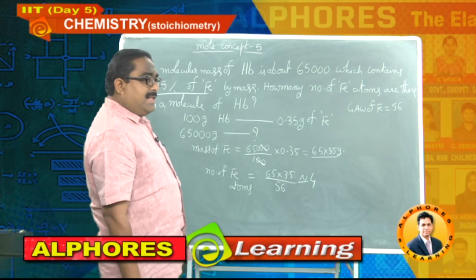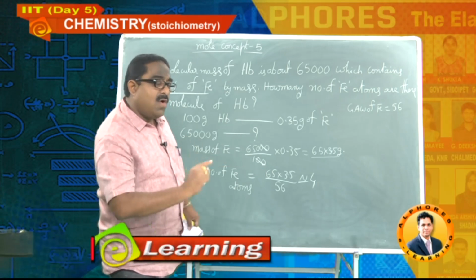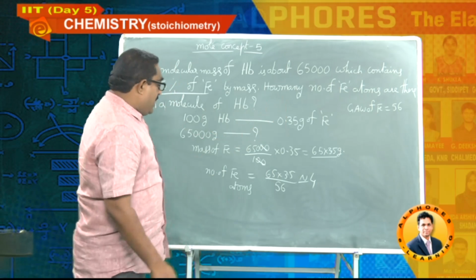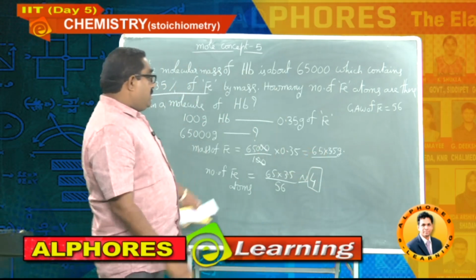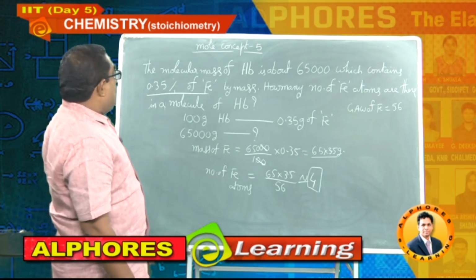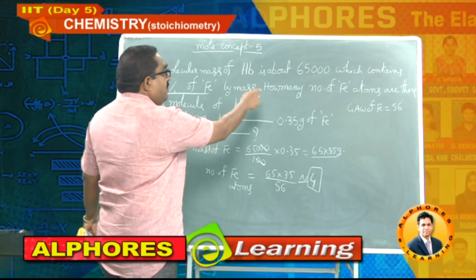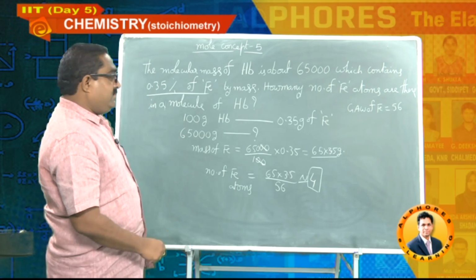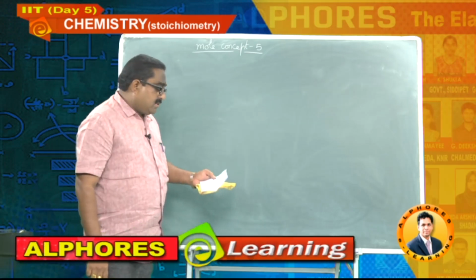While calculating the molar mass, we have to take 4 into 56 grams. That's why your answer is 4, right? So this is the way to do the calculation for finding out the number of iron atoms in this given question. Okay, students, I will go for the next question.